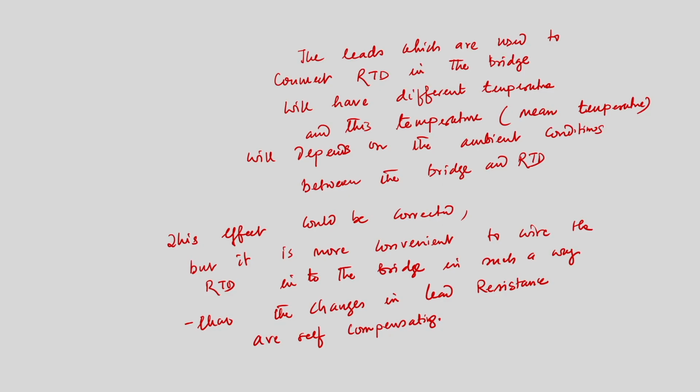Now, when we need to connect the RTD in a Wheatstone bridge, we have to connect through the leads. So, the leads will have resistance, and the resistance in the leads will lead to error in the measurement. We are interested in measuring the temperature of the RTD through the bridge, but in between we have a lead.